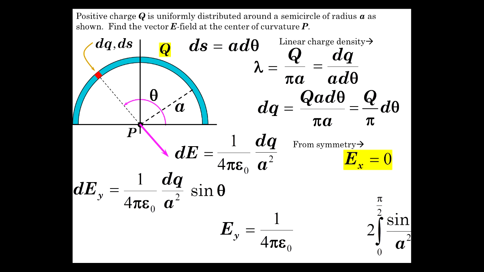So E in the y then is k twice integrating from 0 to pi over 2 of sine of theta over a squared dq. So there it is. And the only thing we're going to do now is recognize that dq is q over pi d theta, so we'll stick that in for dq, and we'll be done with the problem.